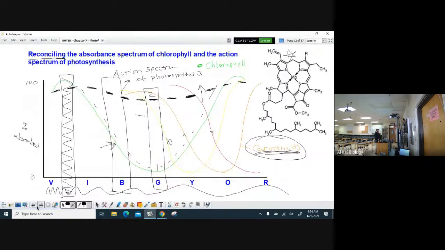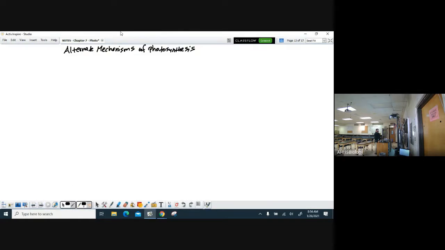All right, so we need to think of another, like there's a problem with photosynthesis here, okay? And the problem is, and I'm going to just do a simple little sketch right here. The Calvin cycle is going to need more ATP than NADPH.